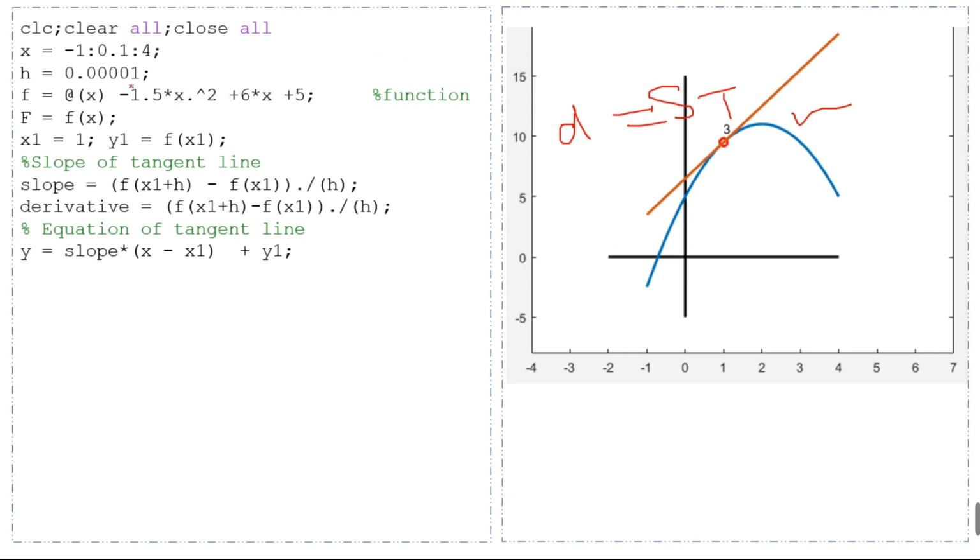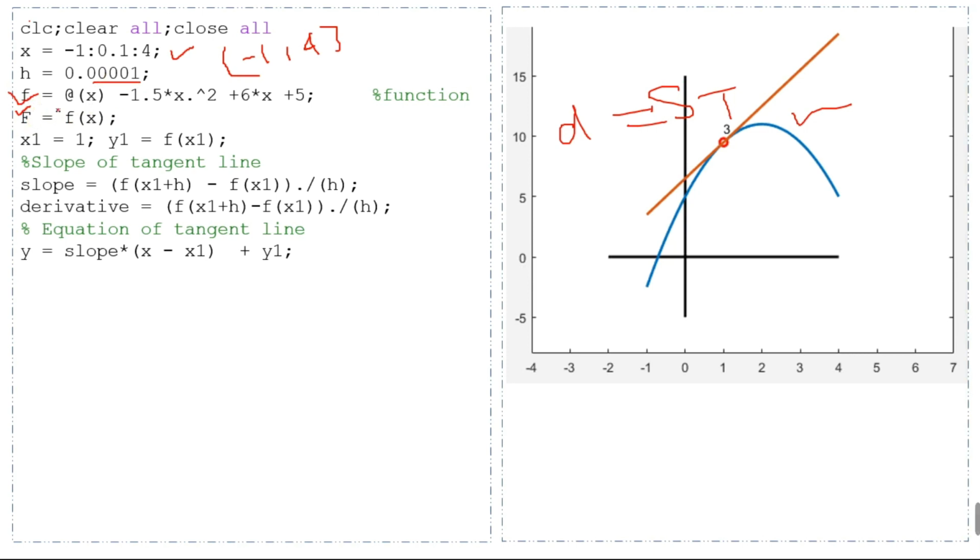Here we have a MATLAB code to plot this function, and again we have the clc, clear all and close all commands. This is our interval, -1 to 4, the domain of the function, and here we have the increment h. This is our function, and we put capital F equal to f of x.